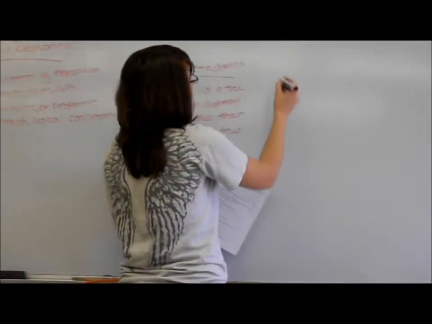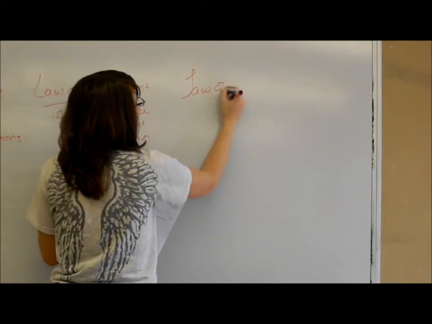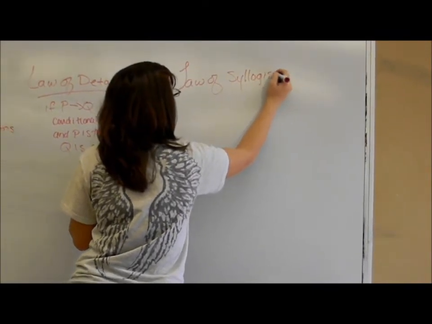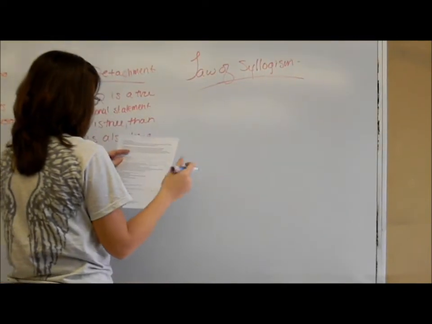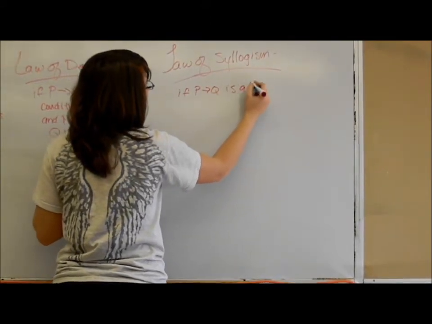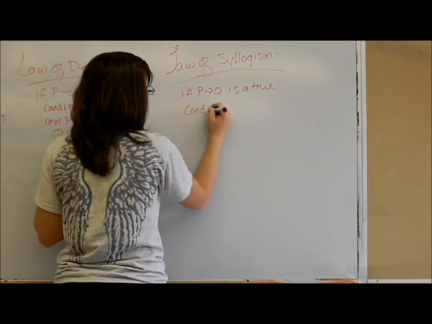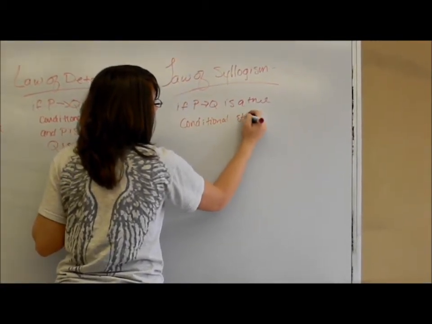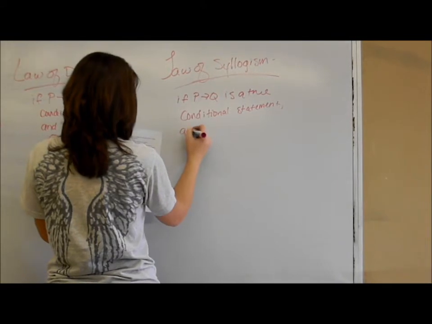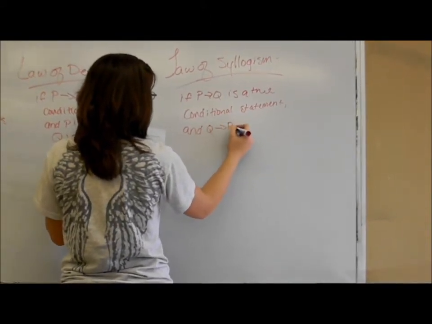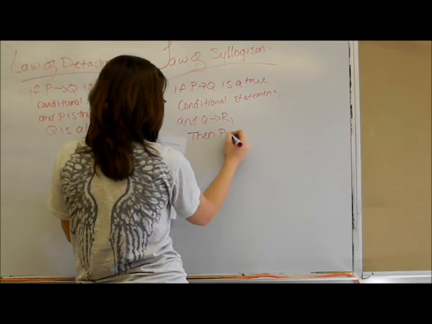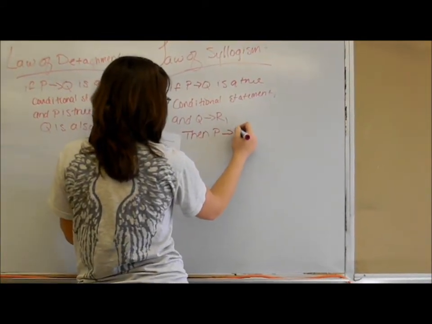And then we have the law of syllogism. And that is if P then Q is a true conditional statement, and Q then R is also a conditional statement, then P then R is also true.